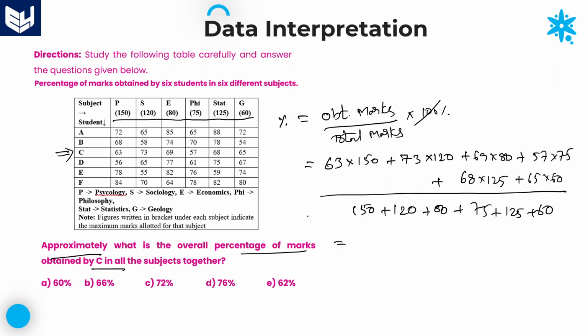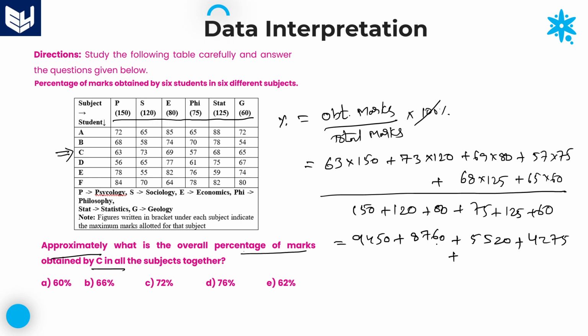Now you need to calculate all the values. First one, 63 into 150, that is 9450, plus 73 into 120, 8760, plus 69 into 80, 5520, 57 into 75, that is 4275, and then 68 into 125.